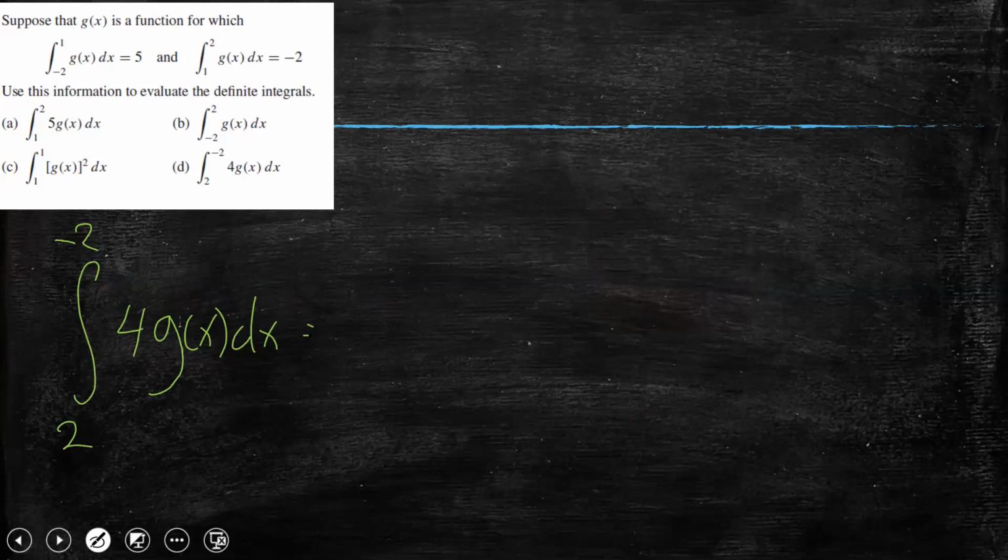What I have to do here? In B, we said from -2 to 1, then from 1 to 2.